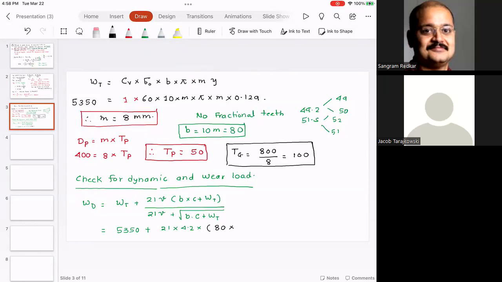Now C is the correction factor. And for that, I want you to refer to the table number. What is the table number for C? And the value of C is... I spent a lot of time talking about all these tables.